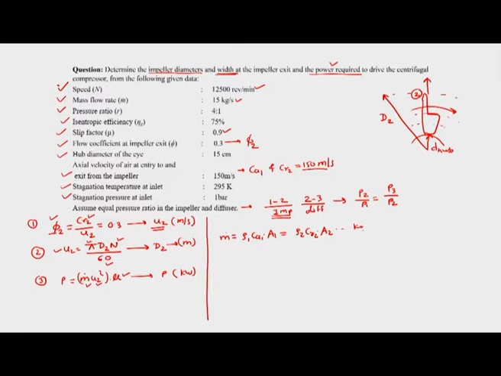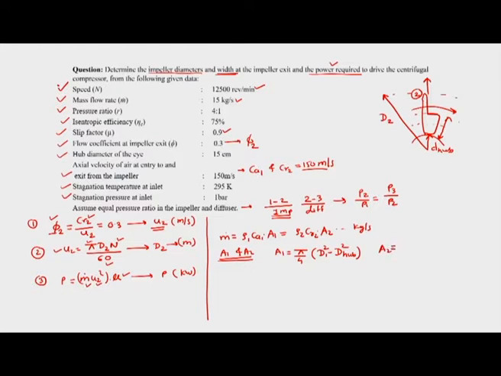This is in kg per second, where A1 and A2 are the different areas at the inlet and outlet. For the area at the inlet, we know the hub diameter. So A1 is equal to pi by 4 (d1 square minus d hub square).